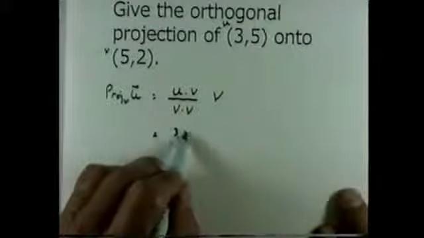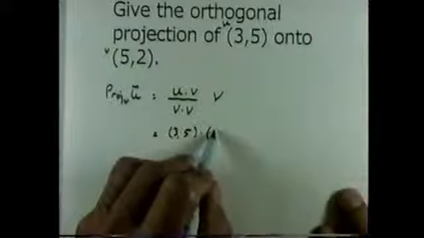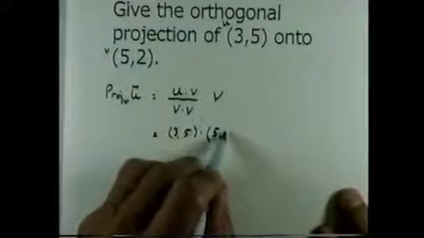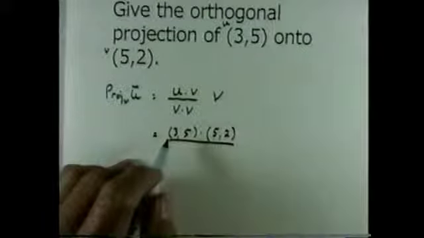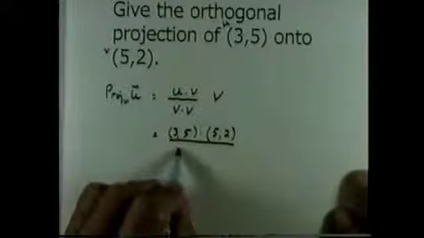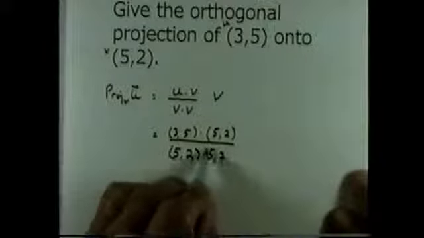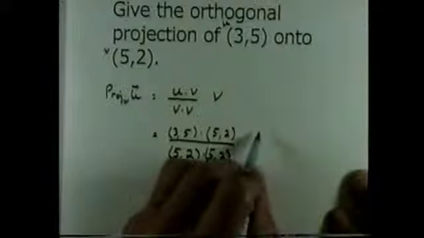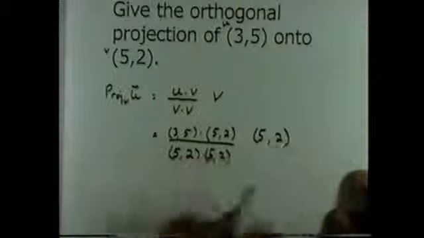So it's going to be 3, 5 dot 5, 2 over 5, 2 dot 5, 2 times 5, 2.